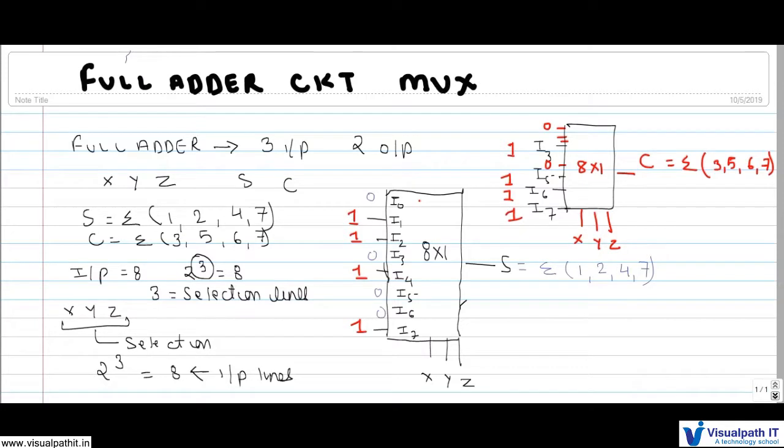Now let's take another example. Now I have a circuit. It's just a simple 4 cross 1 mux circuit. I'll first draw that circuit and let's try to find out what this circuit actually tells us.